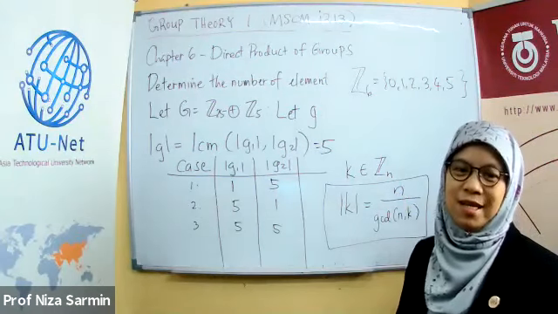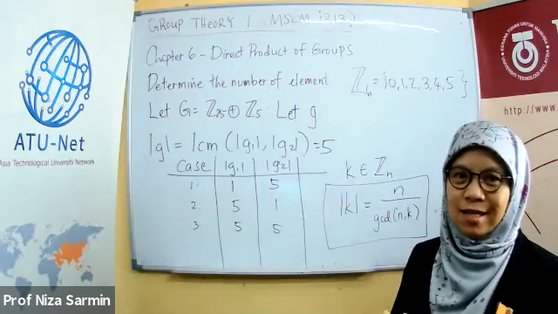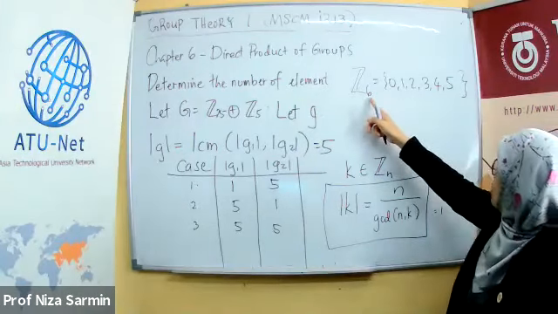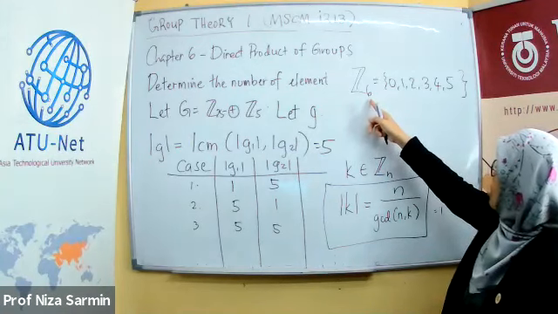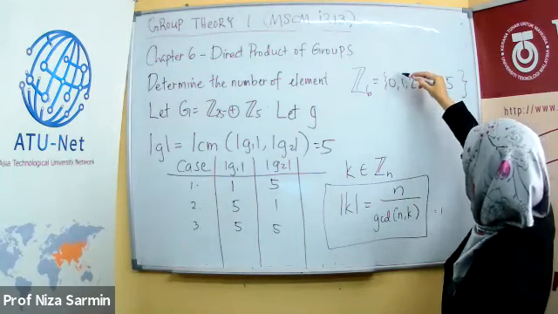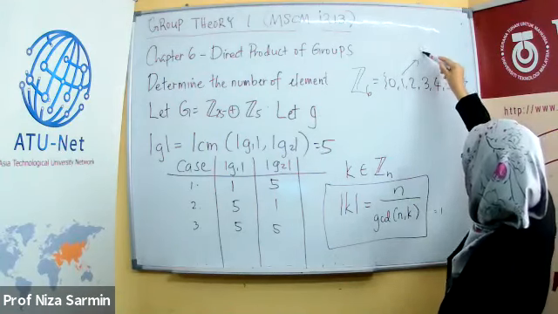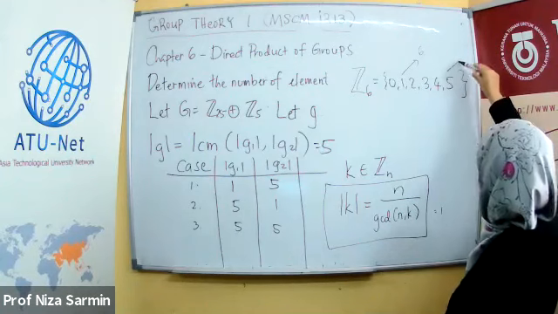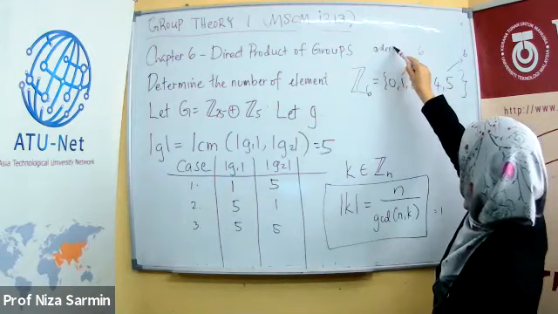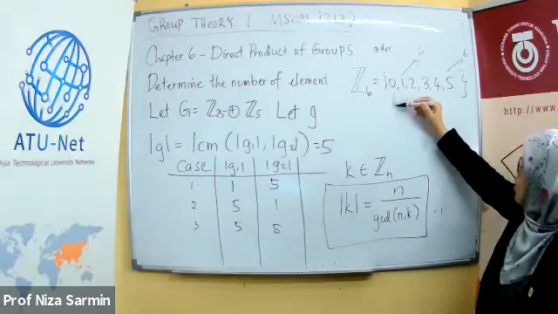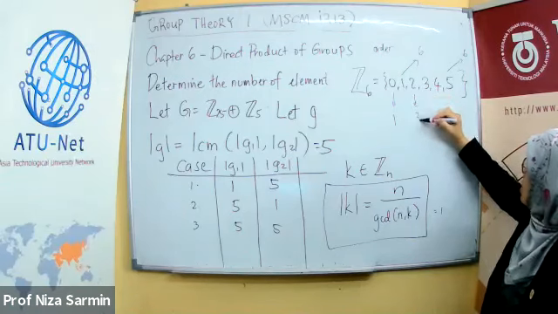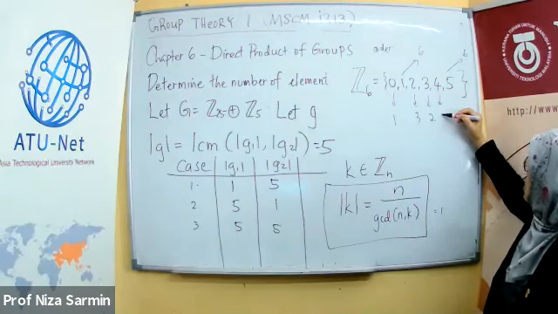That is a theorem: if the GCD is 1, it's a generator. So the generators are 1 and 5. This has order 1, this is order 6, this has order 3, this has order 2, this has order 3.